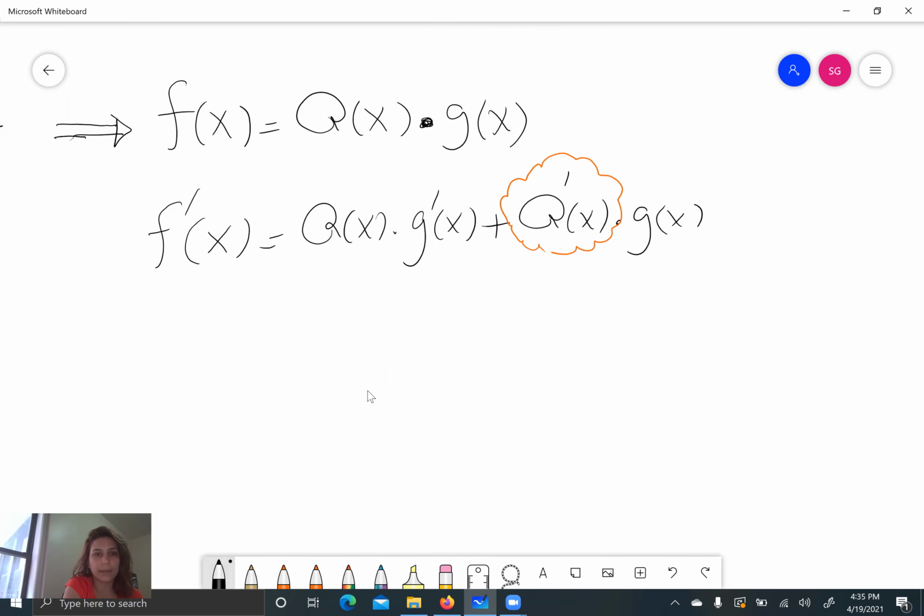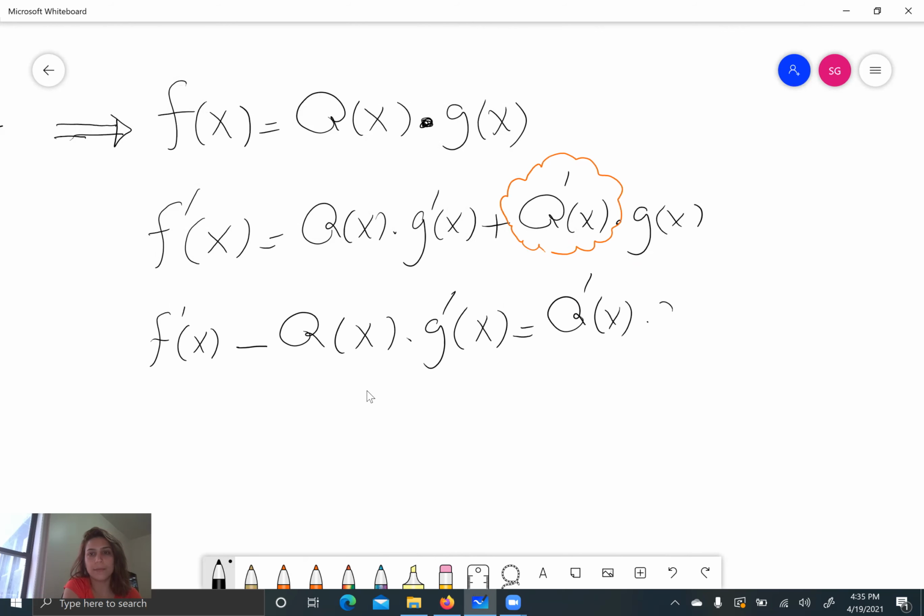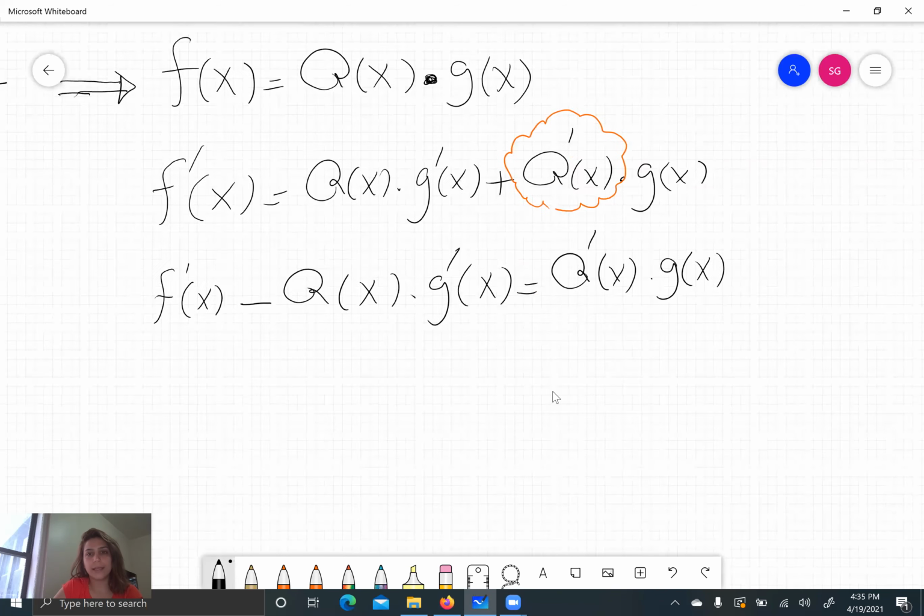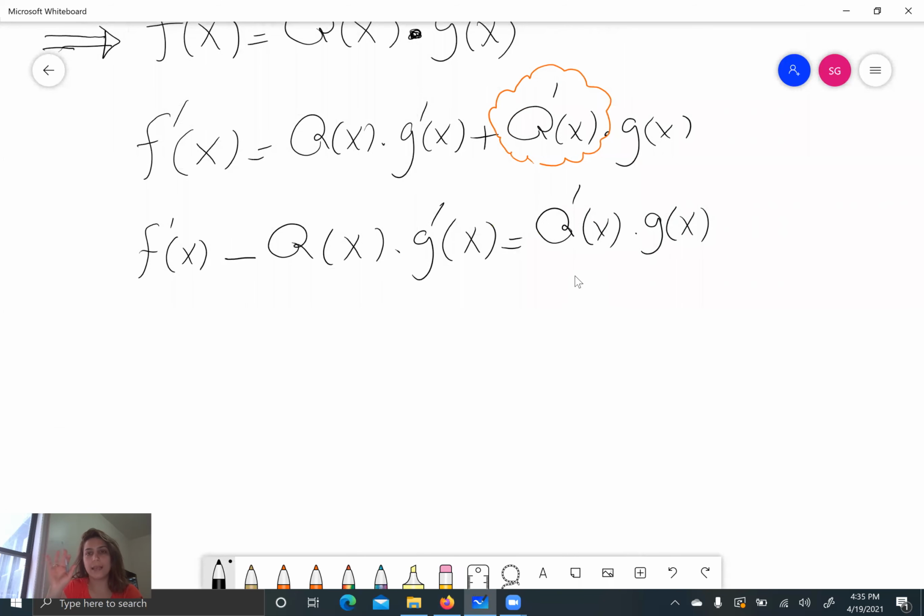So it's going to be f prime of x minus this term equal q prime of x times g of x. Now, how can I have this q prime of x by itself on one side? Just divide both sides by g of x.